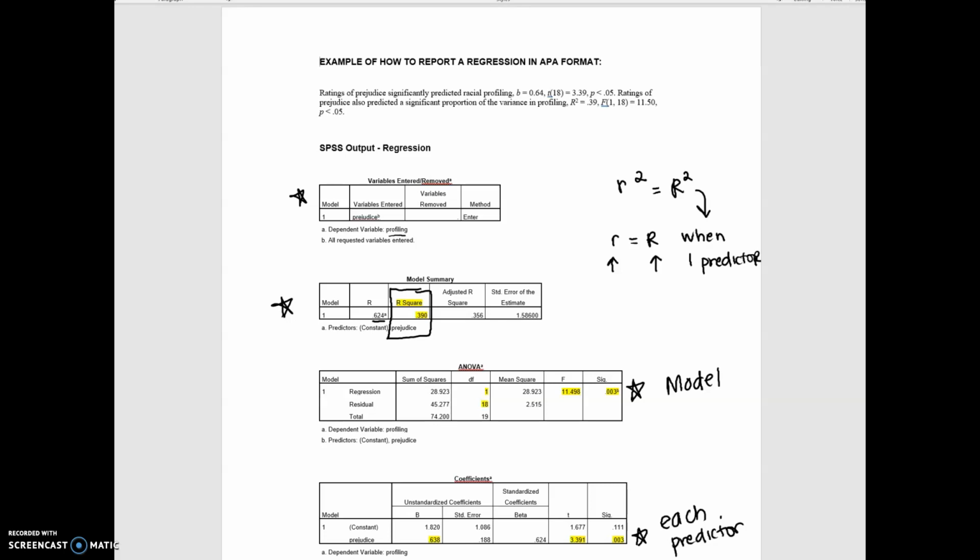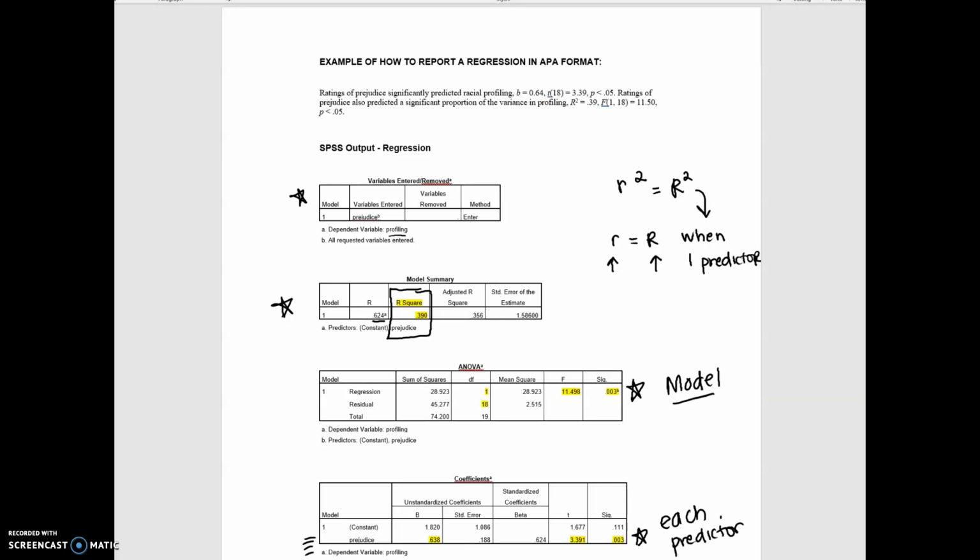Here you could have multiple predictors listed, right? Maybe we want to know the amount of exposure to other ethnicities. Maybe we'd want other measures of tolerance, and then we can list all of those as predictors. But again, this is the simplest model, just one predictor and one criterion.